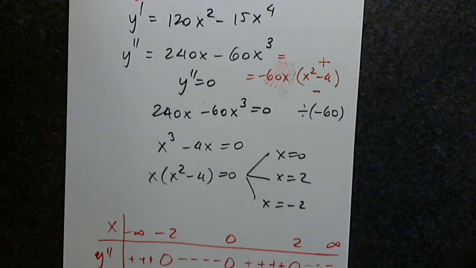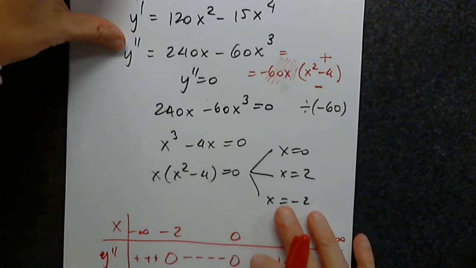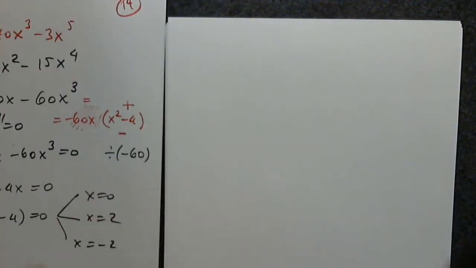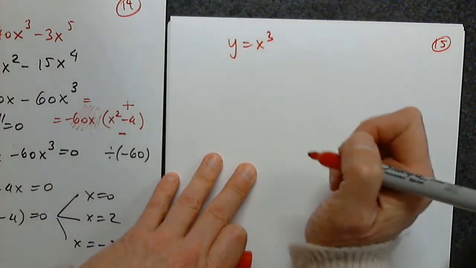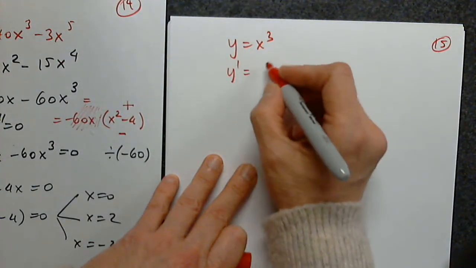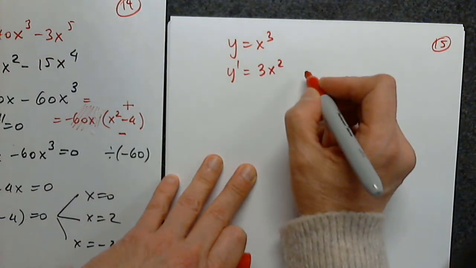No, we cannot assume that. I can give you examples. I'm coming back here and finishing up, but I want to answer this question. So for example, y equals x cubed. So y prime equals 3x squared.